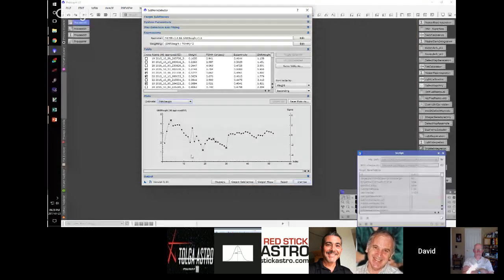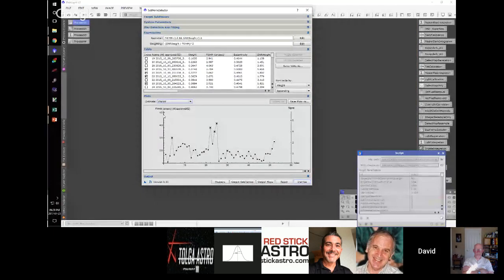So if I look at that, you can see, yep, those two frames are pretty poor in terms of their signal to noise ratio. In this case, signal to noise ratio is better the higher the number. Full width half maximum is better the lower the number. So keep those things in mind as you're doing your weighting. You can see I'm using a very, very simple weighting system here. It's simply signal to noise ratio weight divided by full width half maximum.